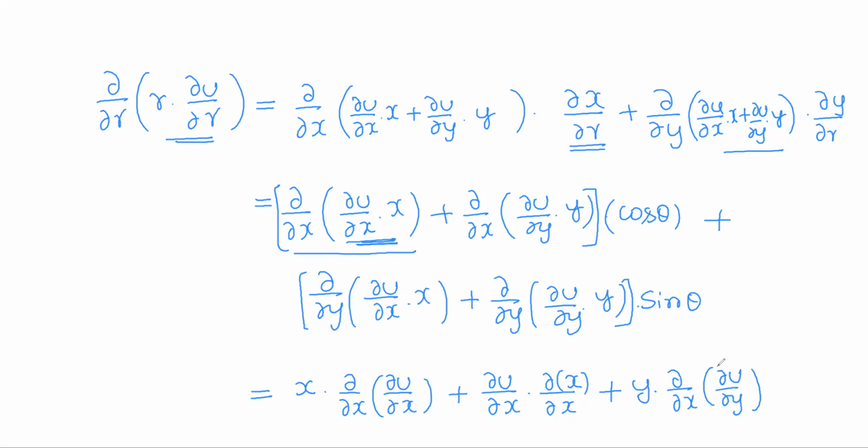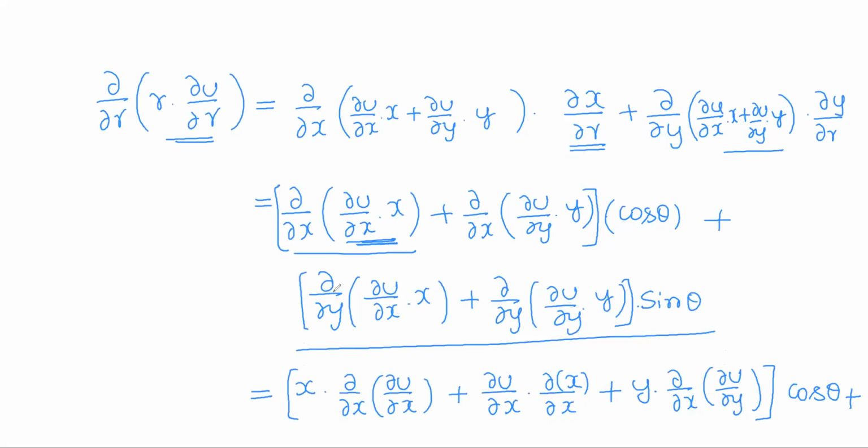Here we have to differentiate ∂u/∂y with respect to x partially because this function may contain some x terms, right? This whole into cos theta, plus now we have to differentiate this one. What is it?